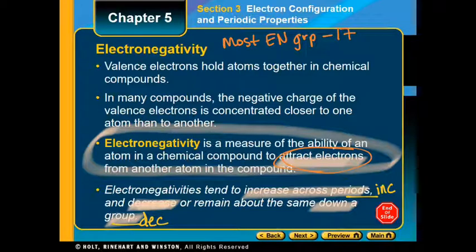And your most electronegative element, and this will come up multiple times this year, is fluorine, and it has a value of 4. So the electronegativity value for fluorine is a 4.0, and if you were to look at values for all of the elements, they're going to be between 0 and 4.